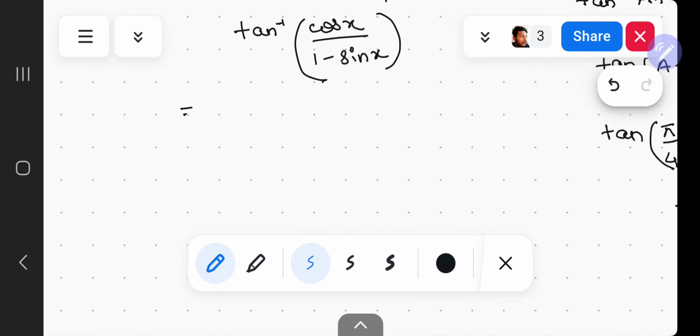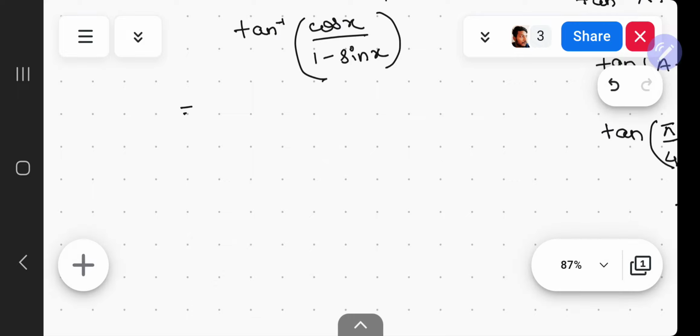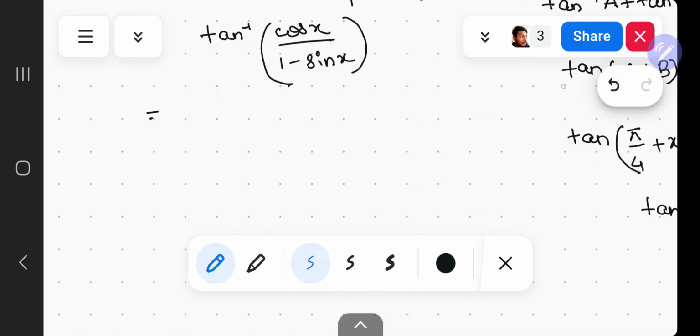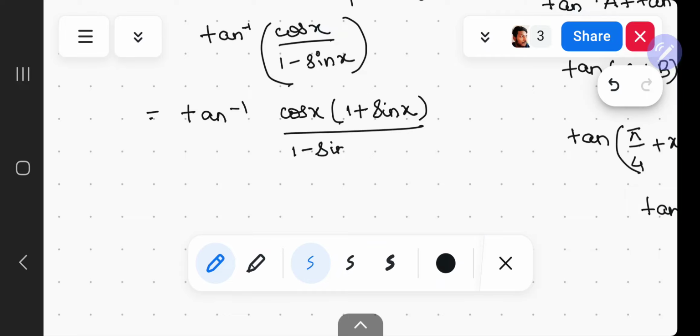Now we'll come back to the question. So we have to simplify this. To simplify, I'll write tan inverse cos x multiplied by 1 plus sin x divided by 1 minus sin x into 1 plus sin x.